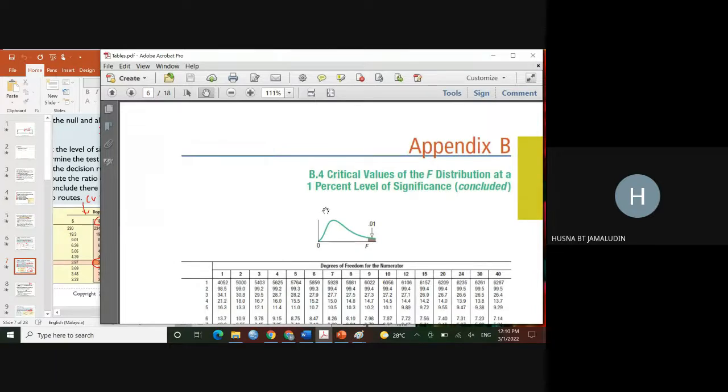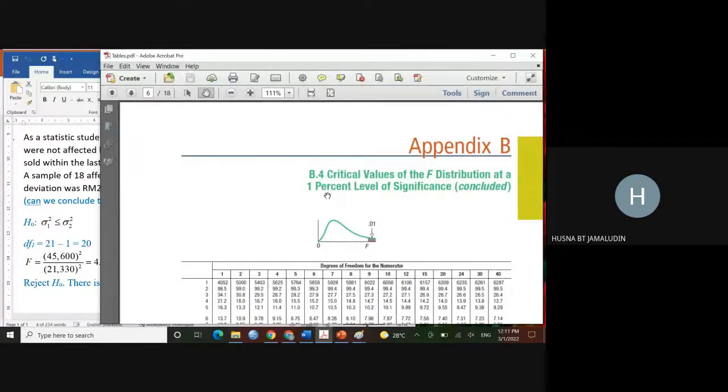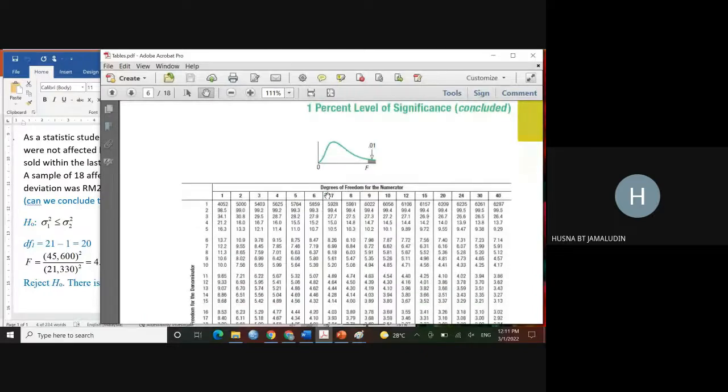Which table should we use? Look at the question. It says at the 1% significance level. So you have to refer to the 1% table, of course. Now you are in the right table.